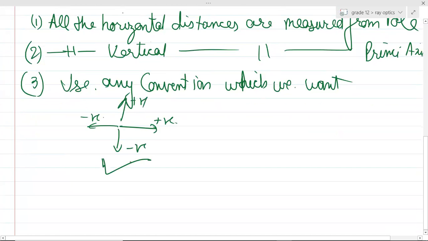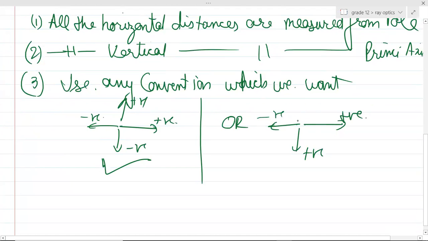Generally, I try to use this one so that it is much easier to remember: normal plus x, plus y, minus x, minus y, the normal Cartesian convention. I try to use this, but you can use it up to yourself. It's up to you. You say positive is this side, negative is this side. Whichever convention you want, you can use it on your own. No problem at all. But please remember, once you decide a convention, keep the convention same.